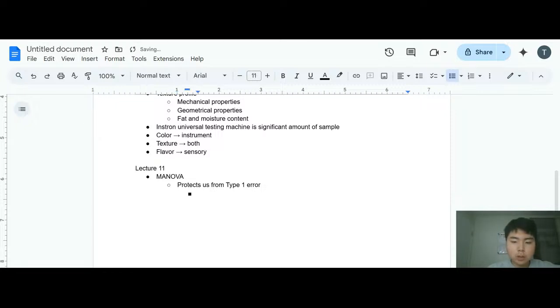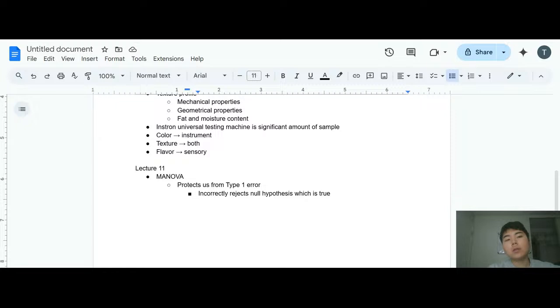Incorrectly reject the null hypothesis, which is true. So, for example, type 1 error is the false negative, right?